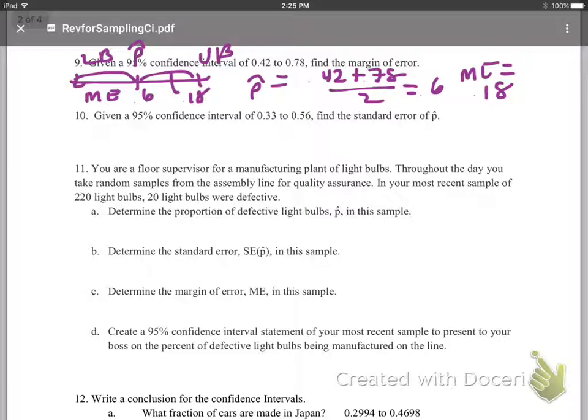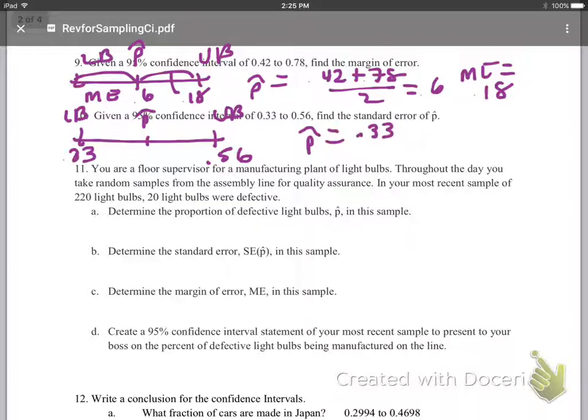Okay, now for number 10, they give us this interval and they ask us to find the standard error. So I like drawing. So I have my lower bound and my upper bound, 0.33 and 0.56, and remember p hat is in the middle. So p hat is equal to 0.33 plus 0.56 divided by 2, which is 0.445.